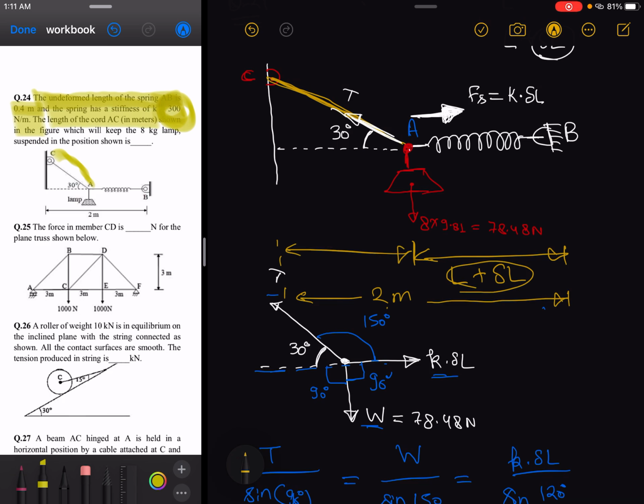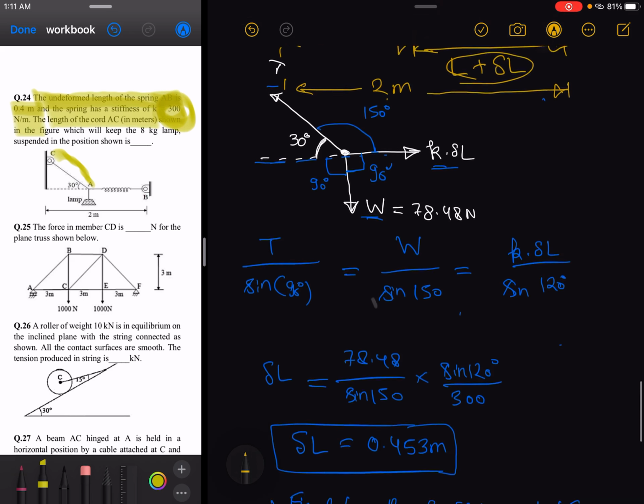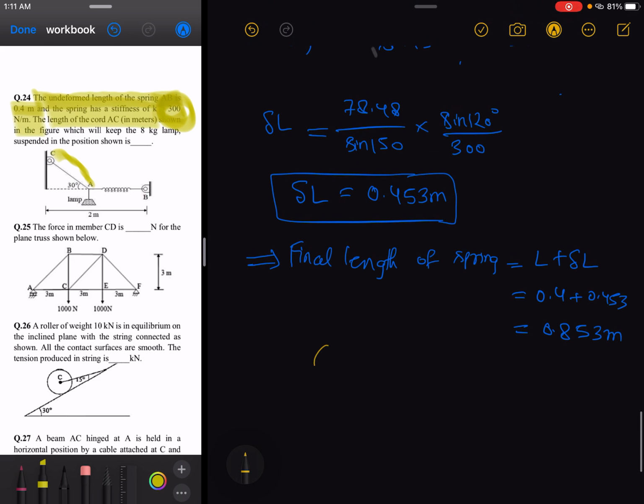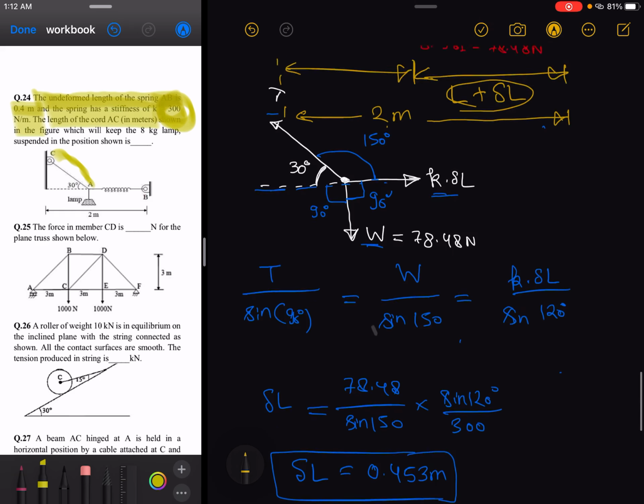Let us mark this point as O. So OA comes out to be 2 minus 0.853, which is nothing but 1.146 meters. Okay, so we have found OA.